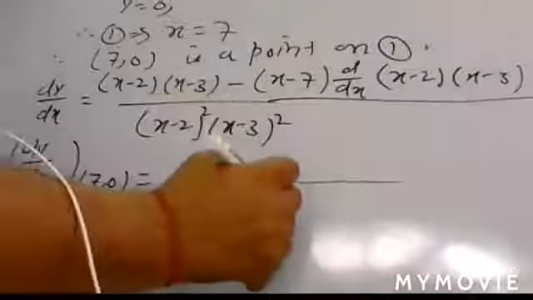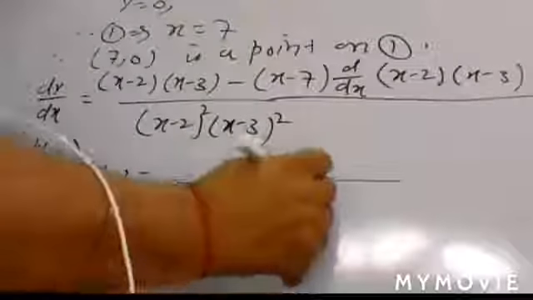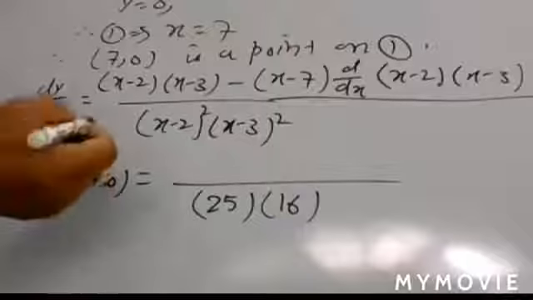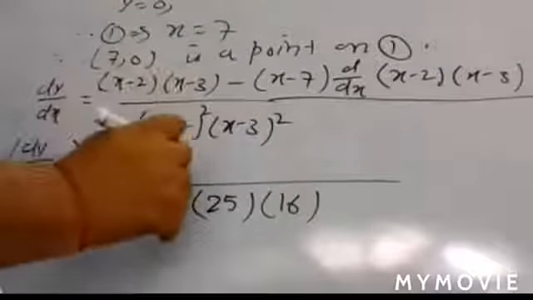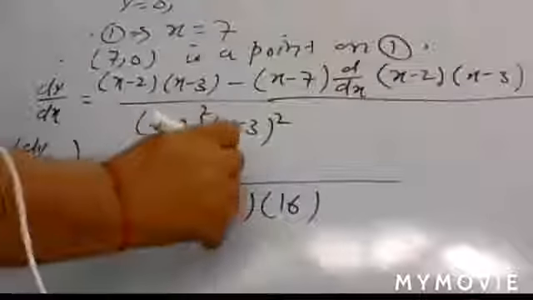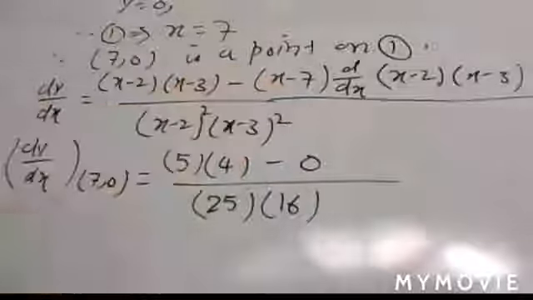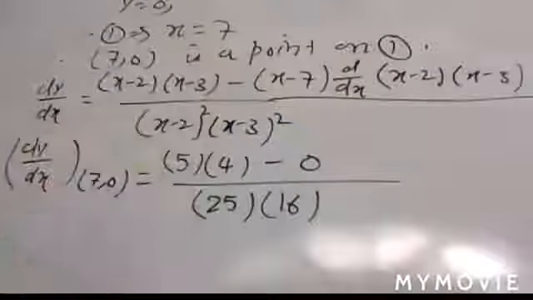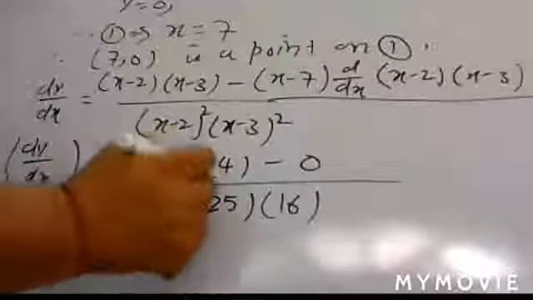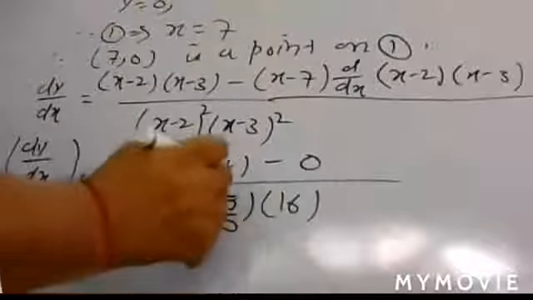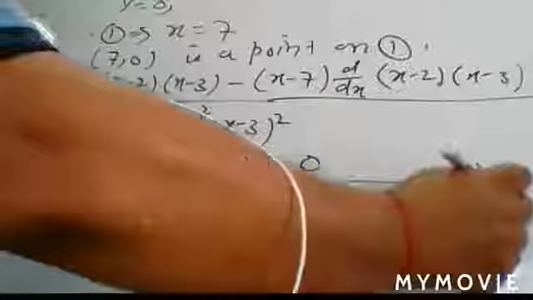And here you have 7 minus 3, which is 4, and the square of that is 16. In the numerator, 7 minus 2 gives 5, and here you have 4. The rest are all 0, because if you put x equal to 7, that complete term becomes 0. So here you have 20, cancel it. That is 5 times, and here 4 times 25 over 16, so your result is 1/20.